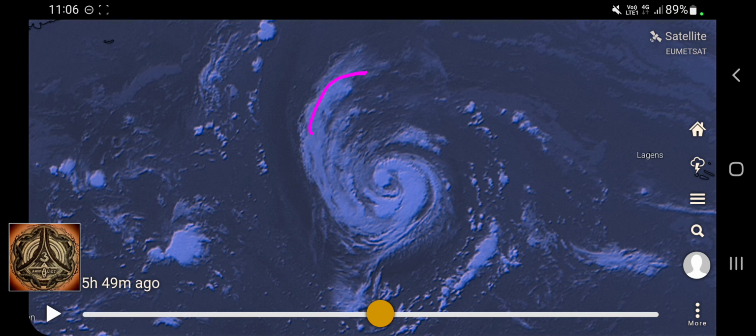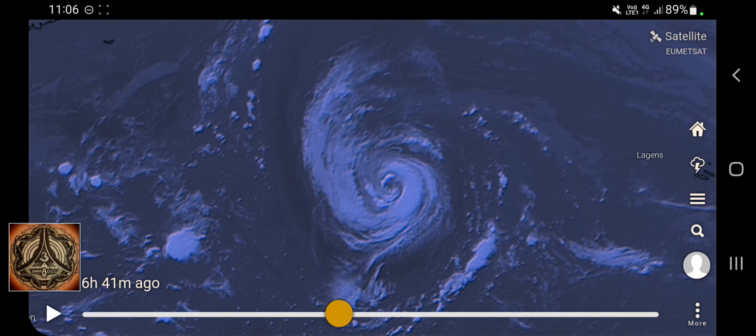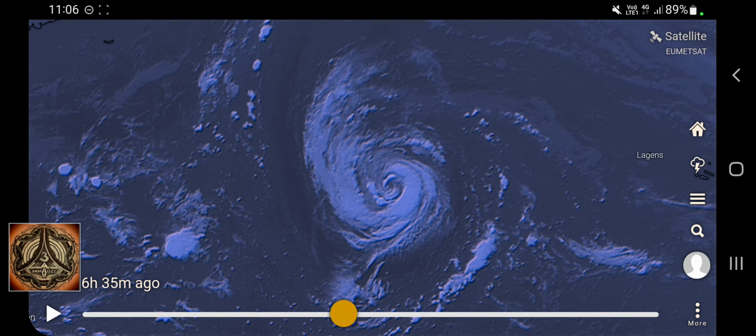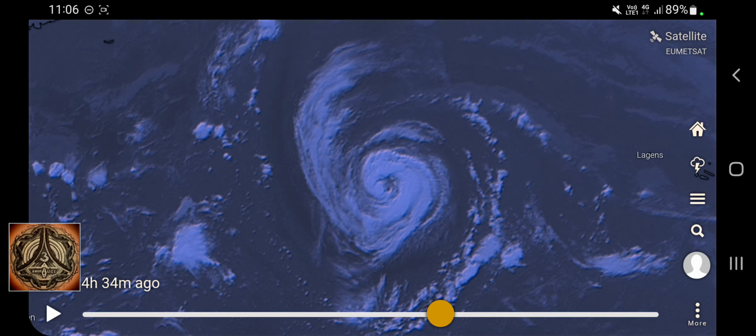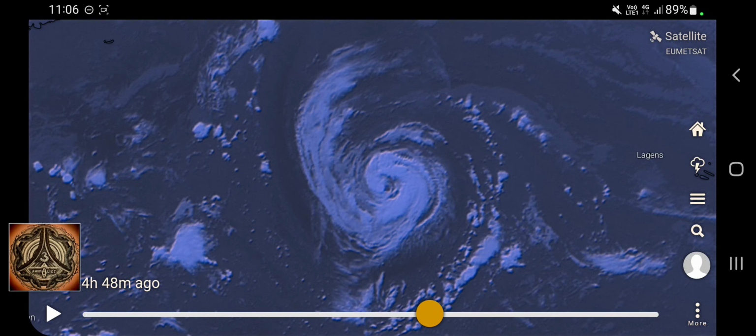Here is probably the easiest to see. Now I go backward, now forward. So the whole structure seems to spin in this direction, but it's very important to notice that we also have movement in the opposite direction.